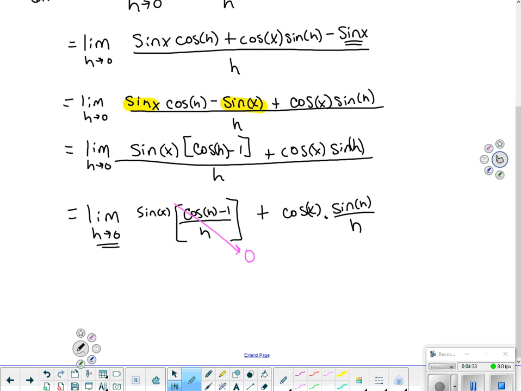Now you'll notice I'm writing this a little bit different. I divided this into two fractions. They have the same denominator, so I split them up into two fractions. It was convenient to do so. And then I made this multiplying times sine x, and I just wrote h over this, which is fine because this is sine over 1, and 1 times h still gives me the common denominator of h.